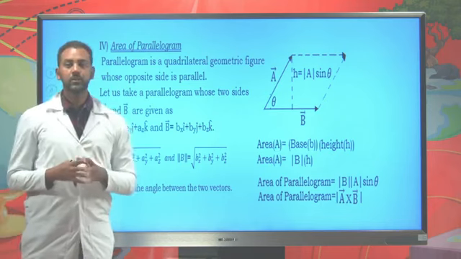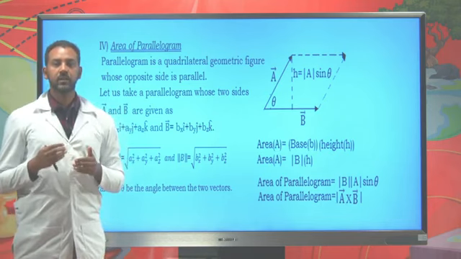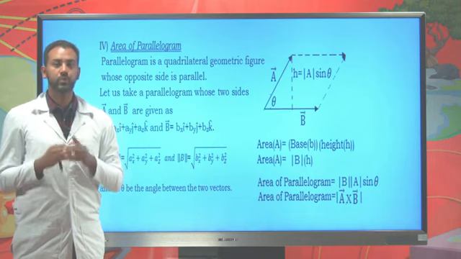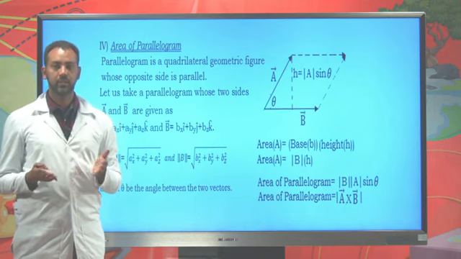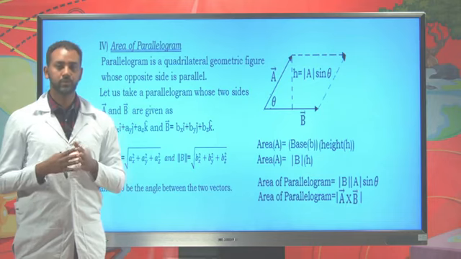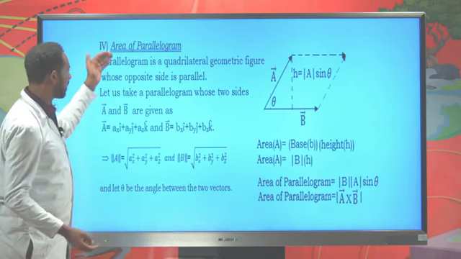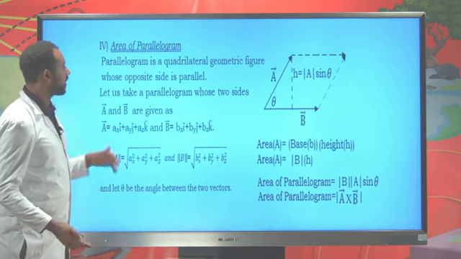And now let's proceed. Another good application of vectors is determining the cross product of two vectors. If you determine the cross product of two vectors, it's possible to find the area of a parallelogram. Suppose here you have a parallelogram.